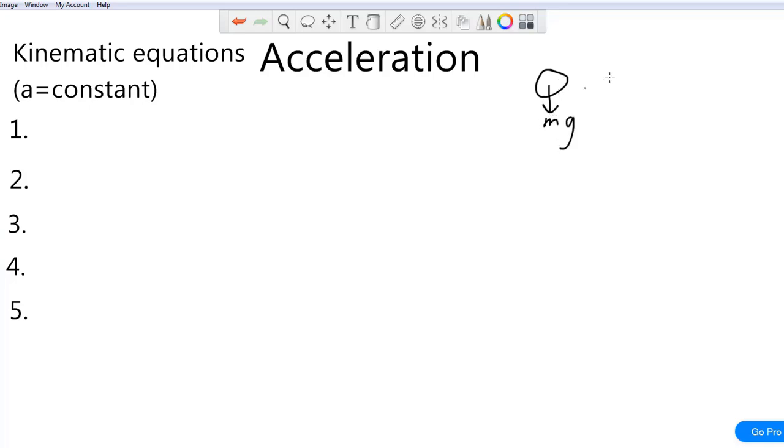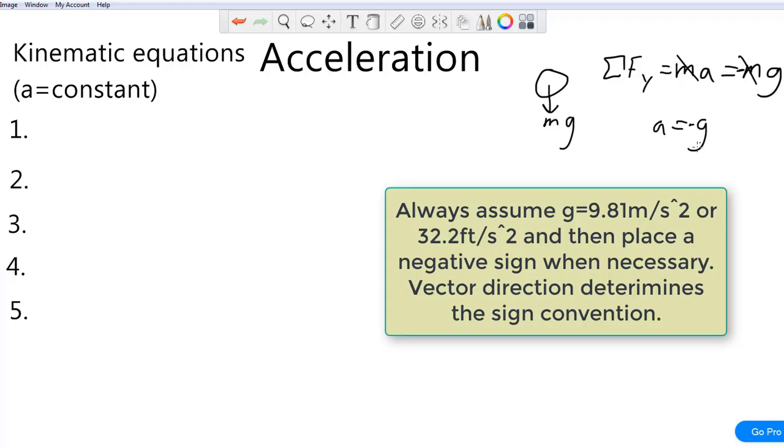And so the sum of the forces in the y direction is going to equal mass times acceleration, which is going to equal mass times gravity. So masses cancel on both sides, so acceleration is equal to gravity. I guess this points down. So as you can see, this is a constant acceleration. g is just a constant number.